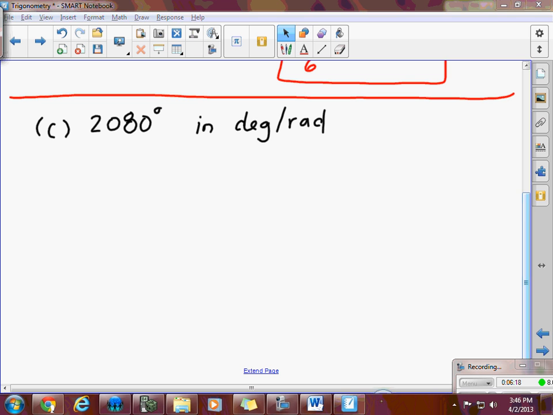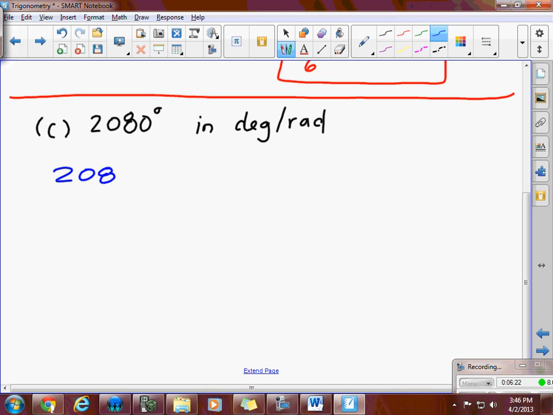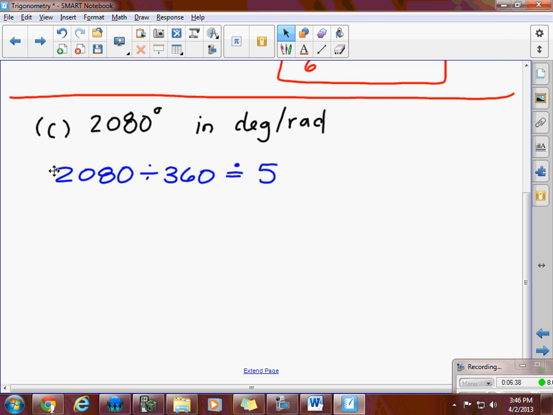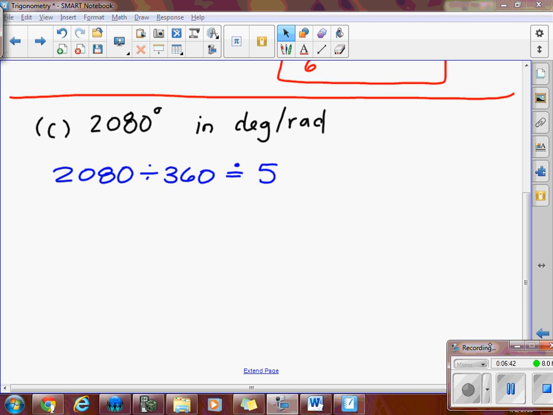One of the easiest things to do to figure out our principal angle is take 2080 and divide it by complete rotations. So we're going to divide it by 360. If you do that, you're going to recognize that this is approximately 5, which means we have 5 complete rotations that we can do to get 2080.